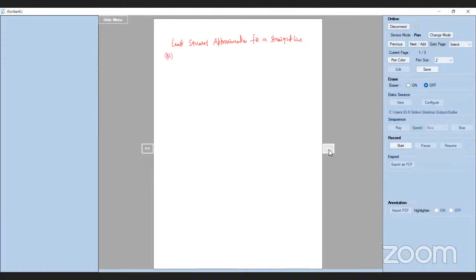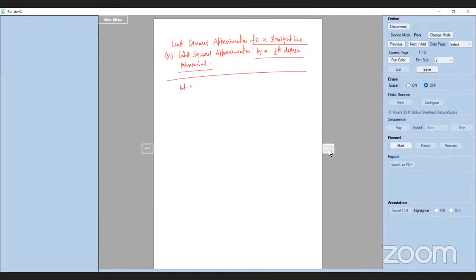Or also we can say that least squares approximation by a first degree polynomial. We can say that least squares approximation for a straight line or by a first degree polynomial. So now we will discuss about least squares approximation for a straight line or first degree polynomial.